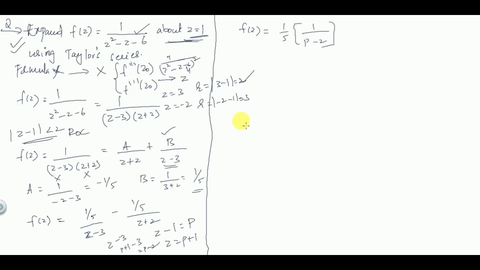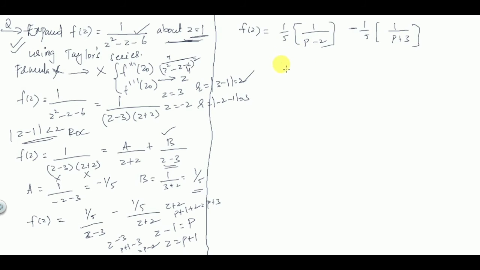Then z plus 2 is p plus 1 plus 2, which is p plus 3. So that is minus 1 by 5 into 1 by p plus 3.